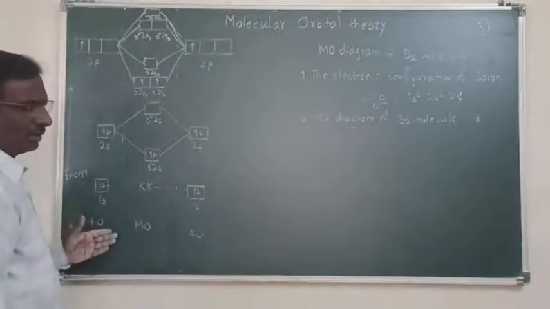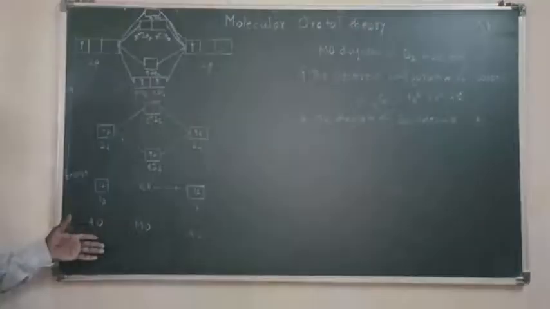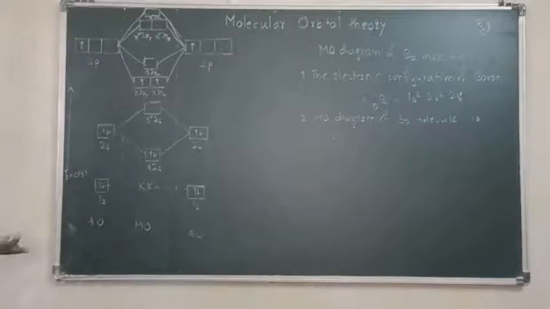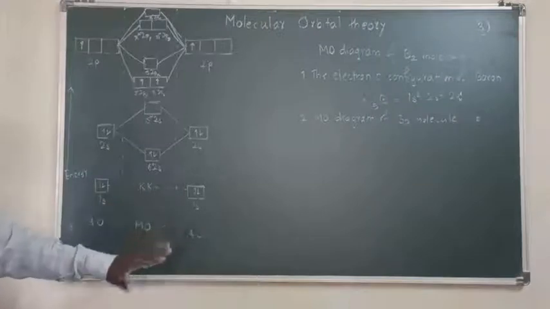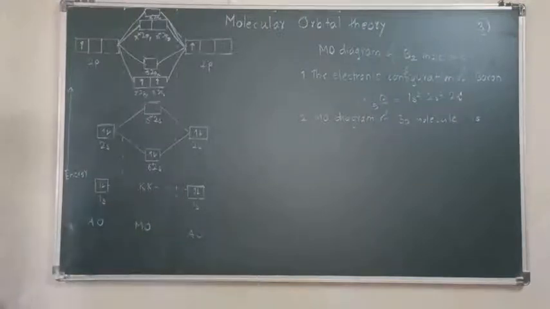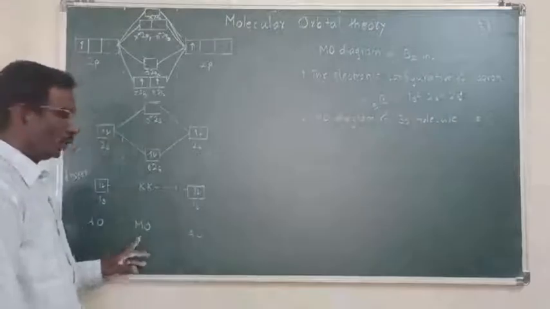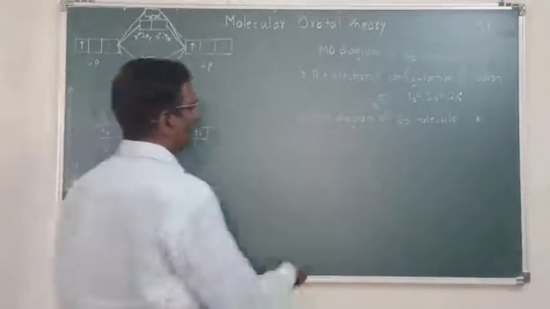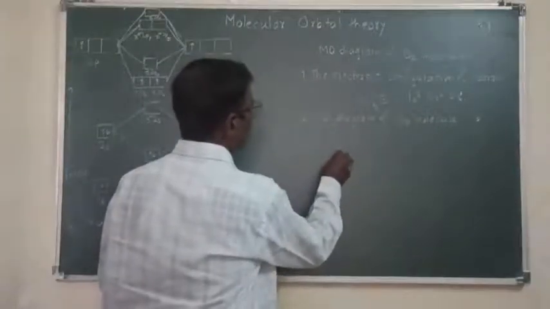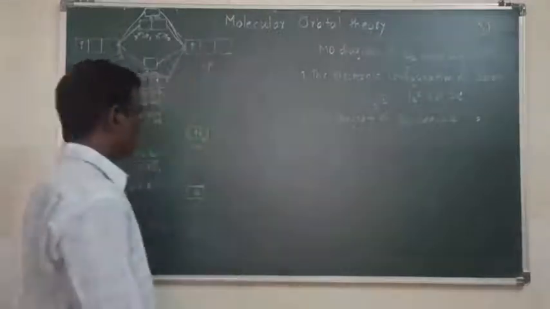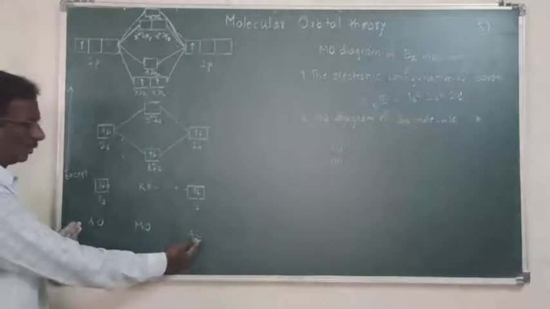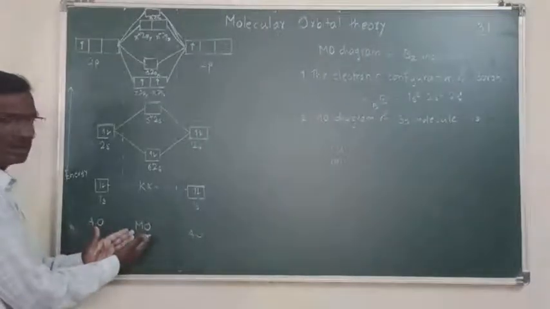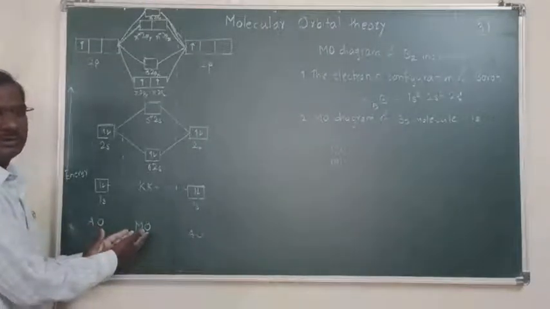Atomic orbitals of one atom are shown to the left side of the diagram, and atomic orbitals of the other boron atom to the right side. And molecular orbitals are shown in the middle.